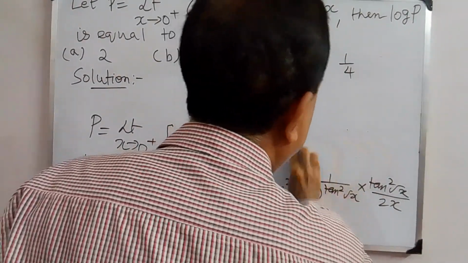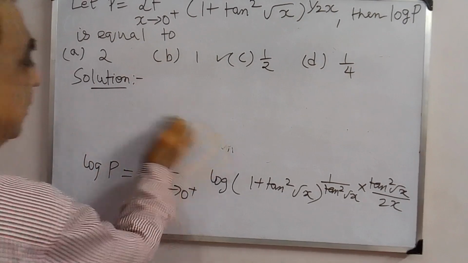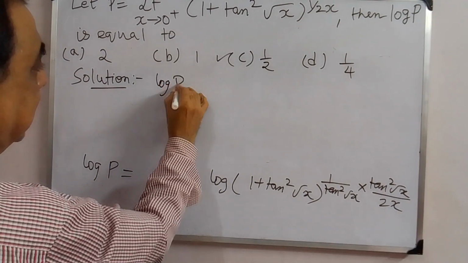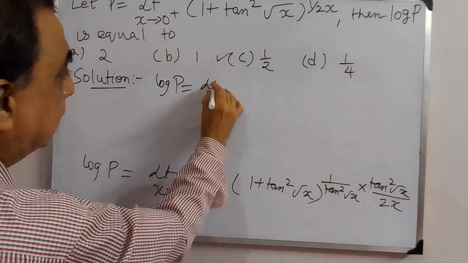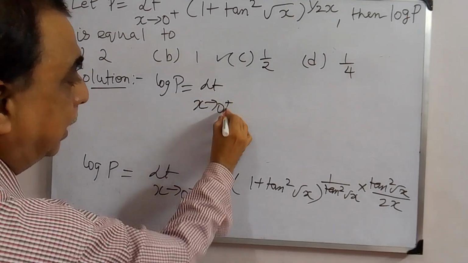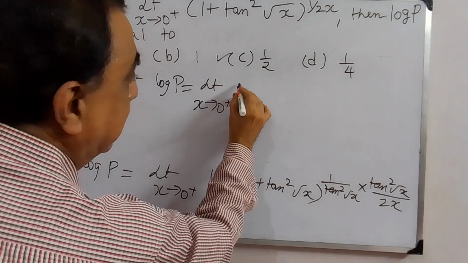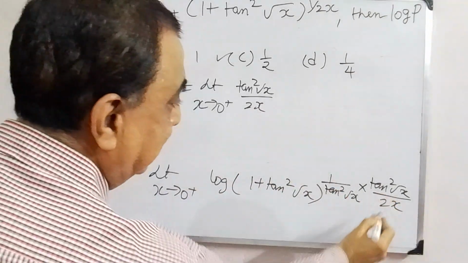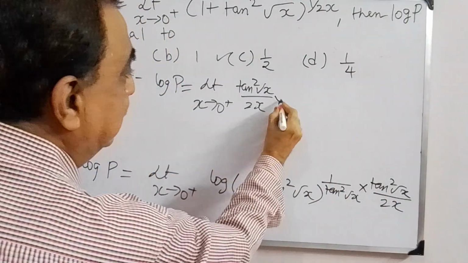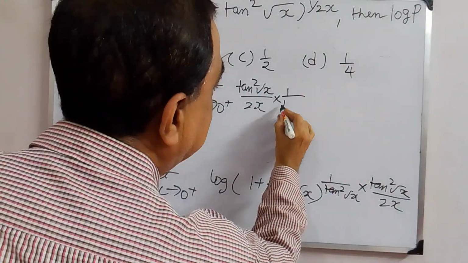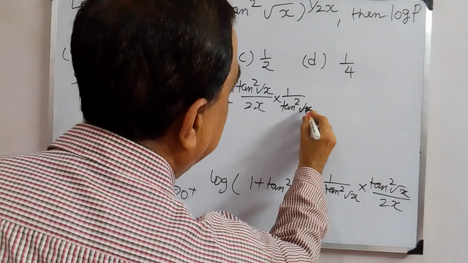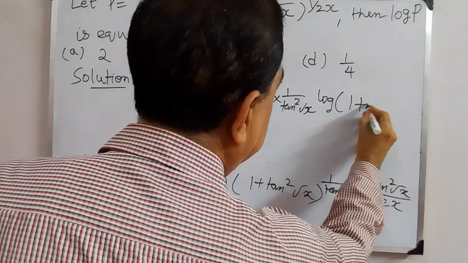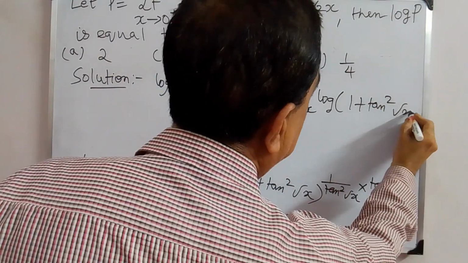So log p equals limit x tends to 0 plus, 10 square root x divided by 2x into 1 by 10 squared root x, into log of 1 plus 10 squared root x.